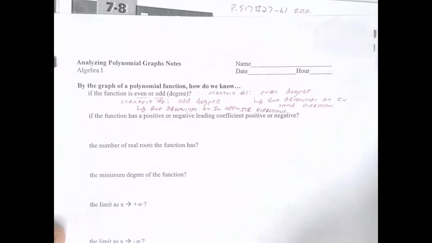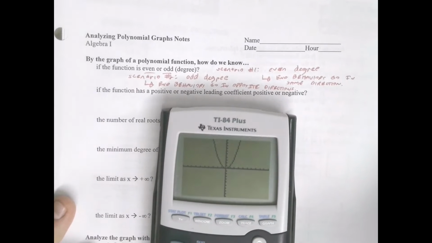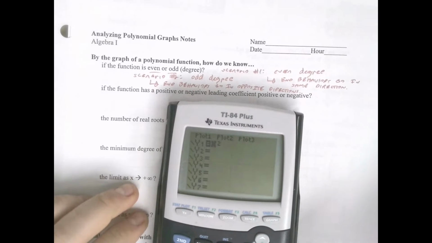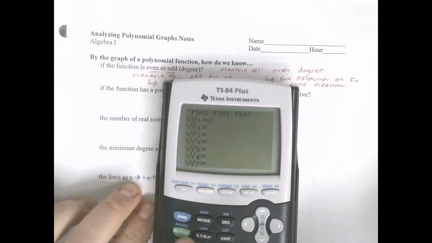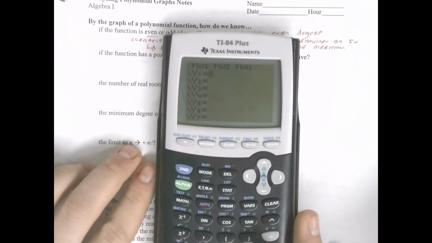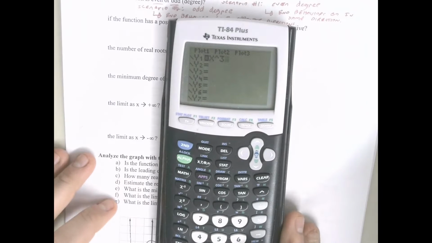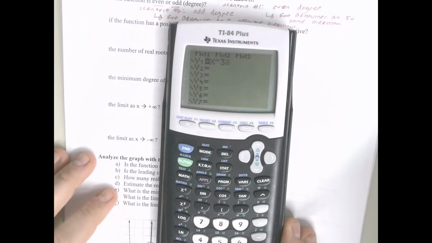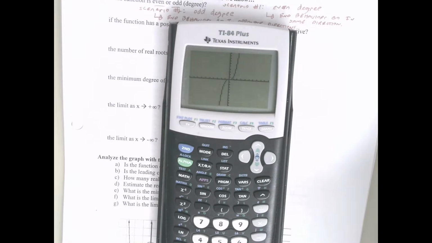In other words, we're looking at what happens on the overall graph. Let me give you an example on the graphing calculator. We're going to type in x cubed, an odd degree function. Go to the y grid at the top corner, and then type in the x button right next to the green alpha button. If I type in x caret 3, x raised to the third power, and hit graph in the upper right hand corner, you're going to see the characteristics of that polynomial.